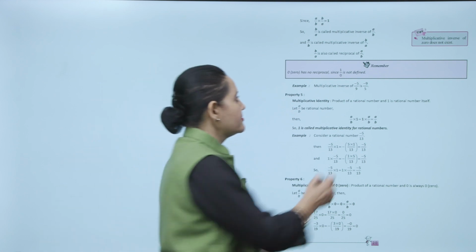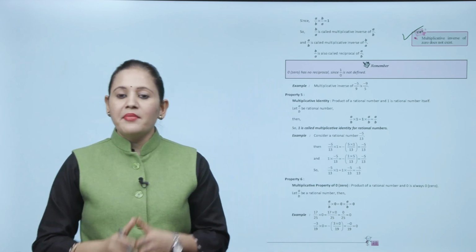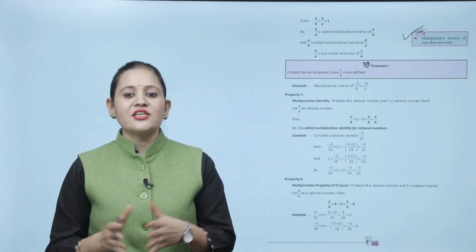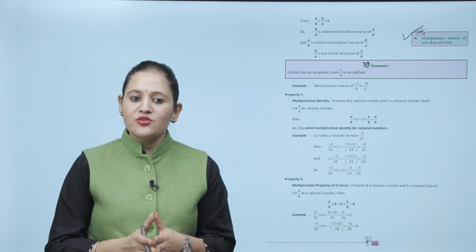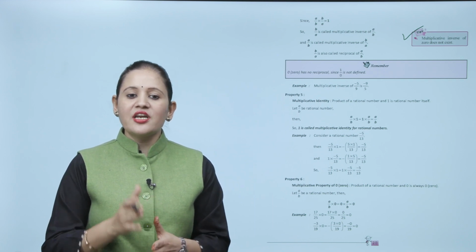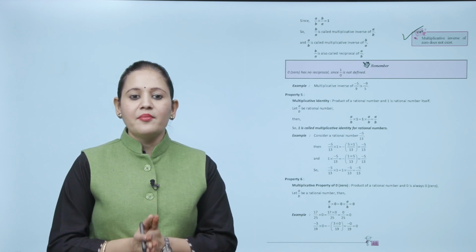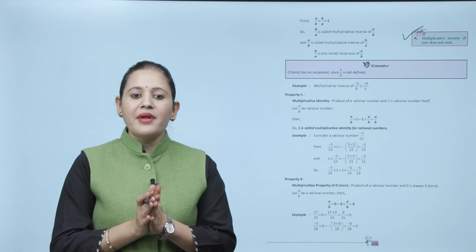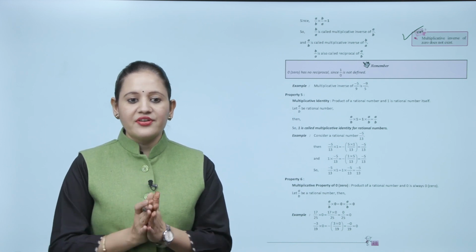Tips: multiplicative inverse of the 0 does not exist. Remember, 0 has no reciprocal since 1 upon 0 is not defined. Now take an example. Multiplicative inverse of minus 5 upon 9 is minus 9 upon 5.